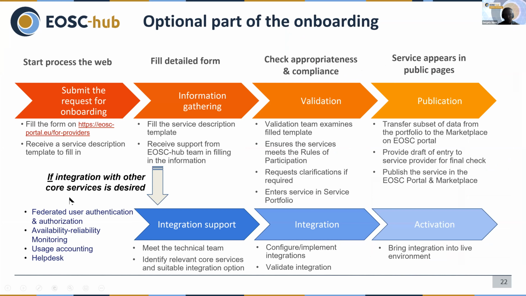The core services, as I mentioned briefly, are Federated User Authentication and Authorization, Availability and Reliability Monitor, Usage Accounting, and the helpdesk system. These technical services are operated by EOSC-hub centrally, and your service can hook into these in order to gain further capabilities that can support your users in a better or more scalable way.